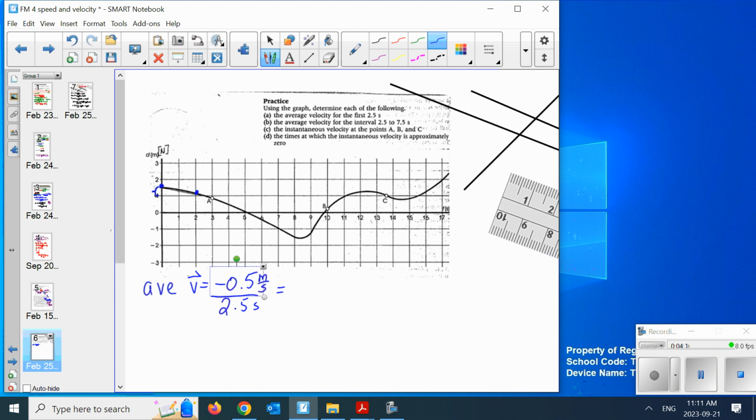Good on this? Now we know how to use a calculator. It should come out to be a decimal too. I forgot one thing though that's important: north. That makes this a vector. So it's going to come out to be negative 0.2. What's the unit when we've got meters per second divided by seconds?